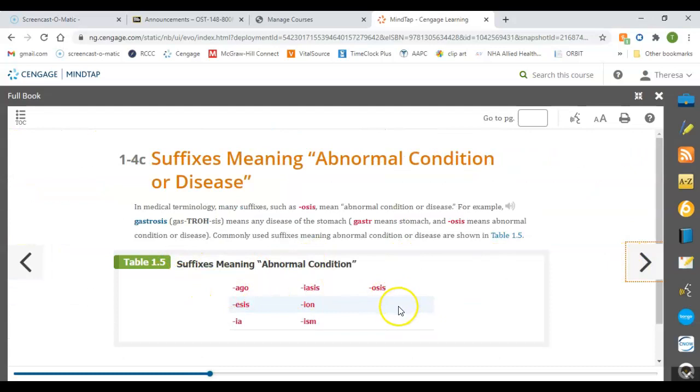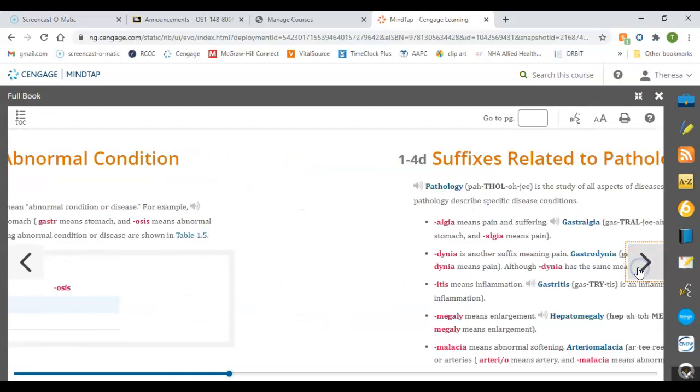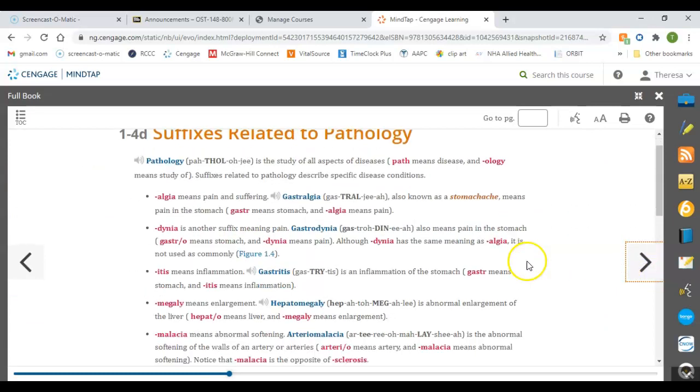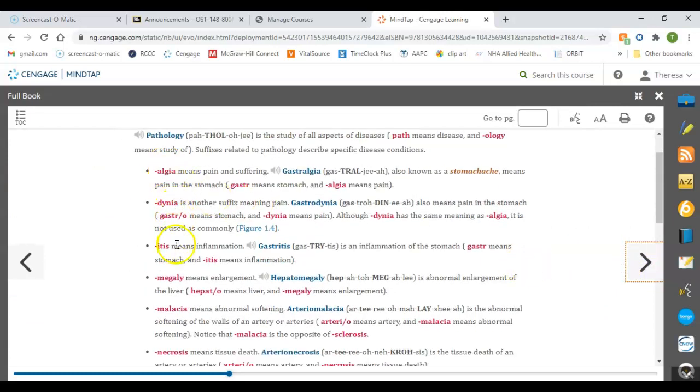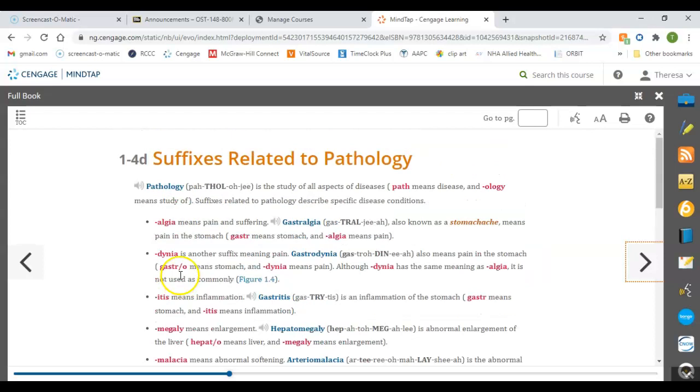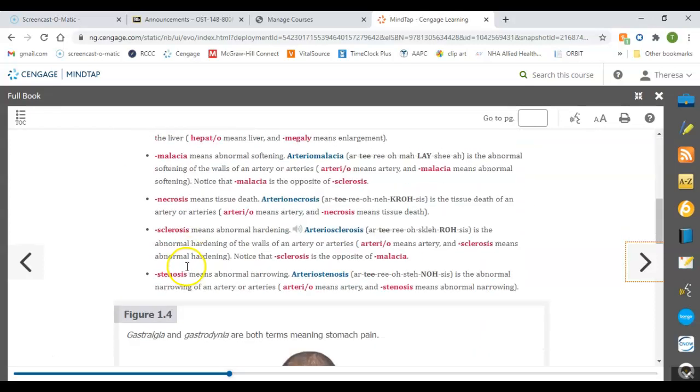This is a group of suffixes that mean abnormal conditions, so you'll need to put these on your cards. So iasis would be on one side of your card, and abnormal condition would be on the other side. And you'll need to know all of those. And then here's a group of other suffixes here.